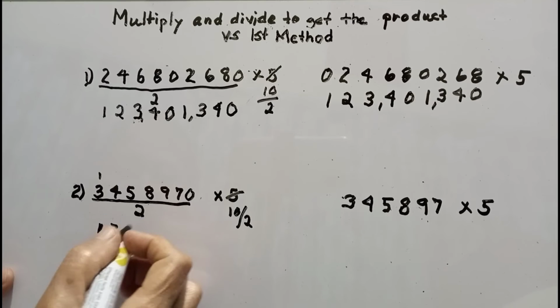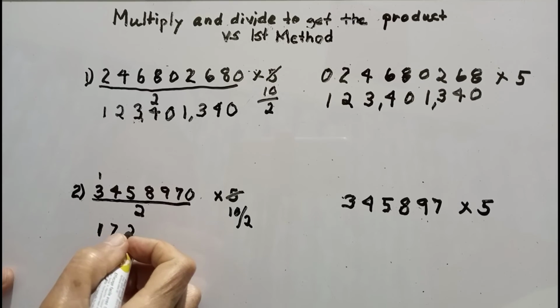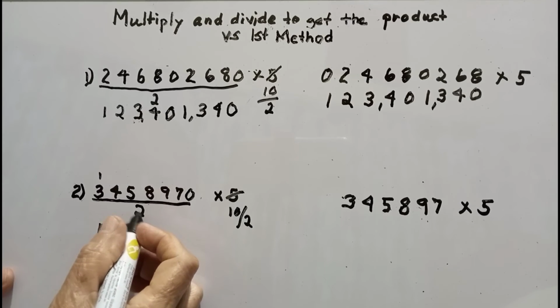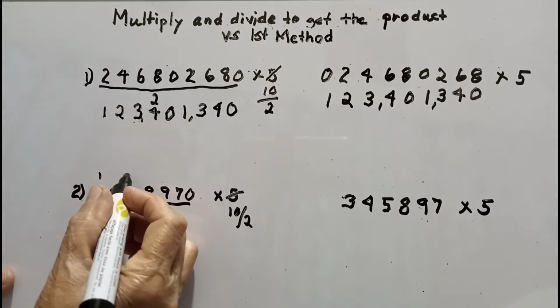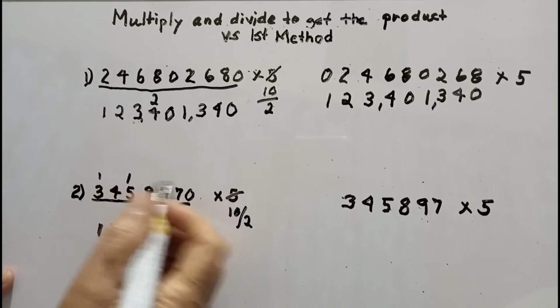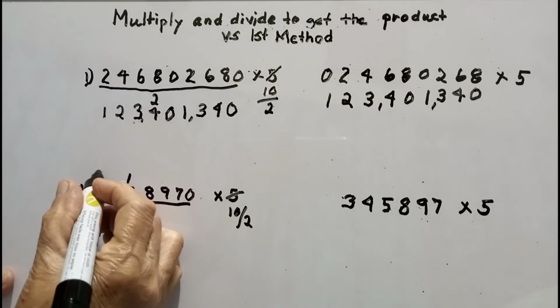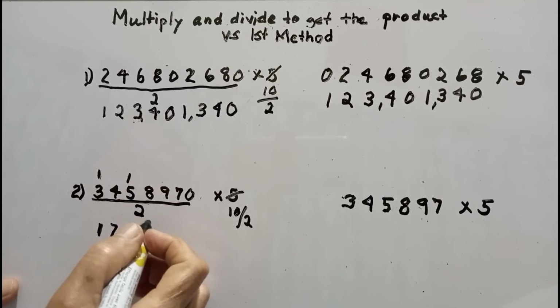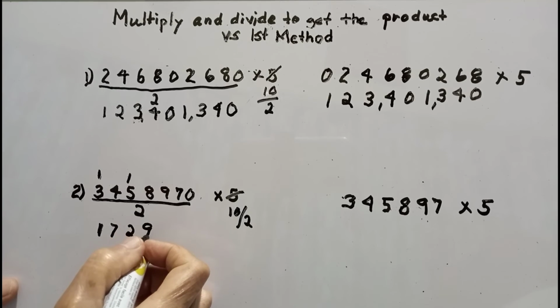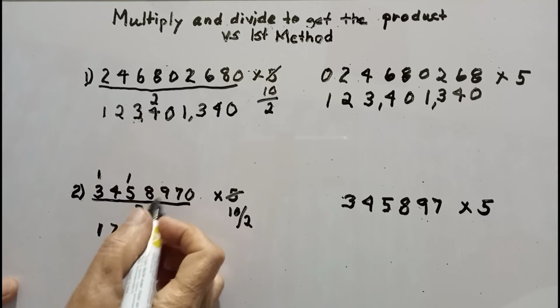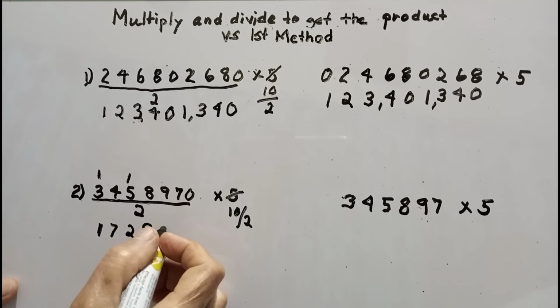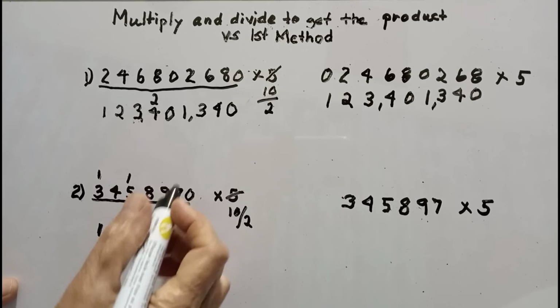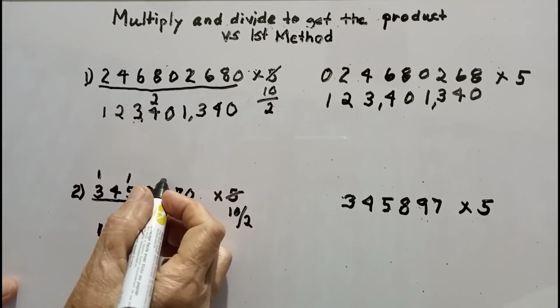5 divided by 2 is 2. If you multiply that one, that is 4. Subtract from 5, the remainder is 1. So, this becomes now 18 divided by 2, that becomes 9. And then, 9 divided by 2 is 4. If you multiply that, that would be 8. Subtract from 9, you have a remainder of 1.